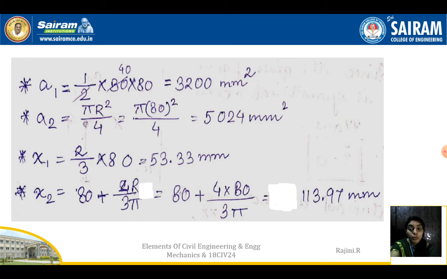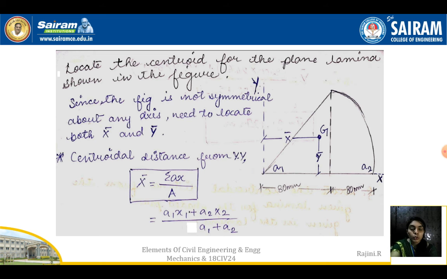Now x1 and x2, that is most important. x1, I'll go to the figure. x1 means the centroid of area 1 from the y-axis. Keep one finger on the y-axis and one in the middle part of the triangle. So that dimension you can see, you have a formula, right?